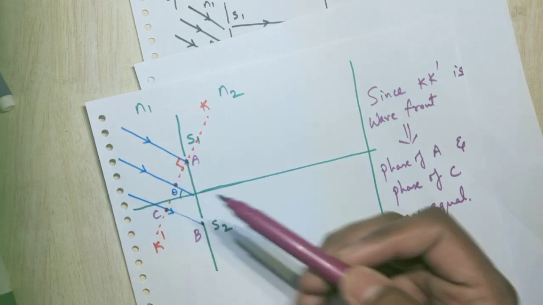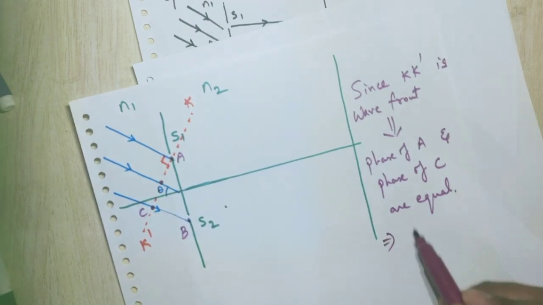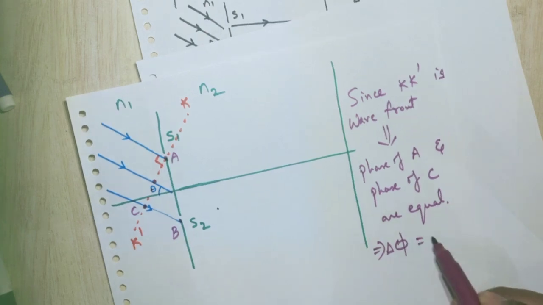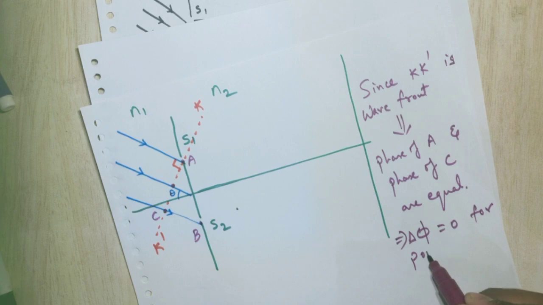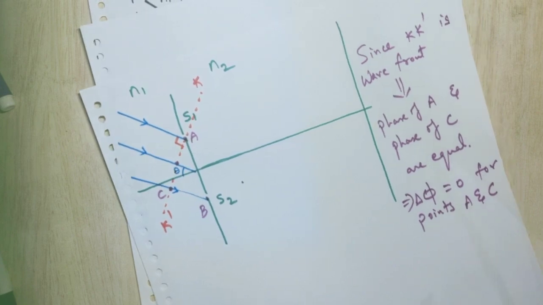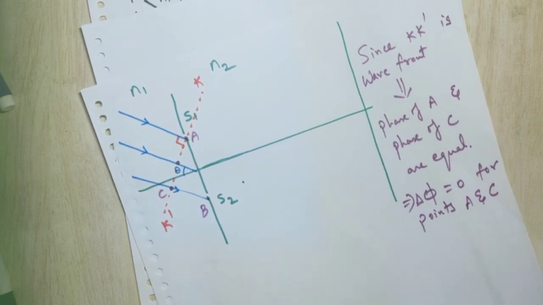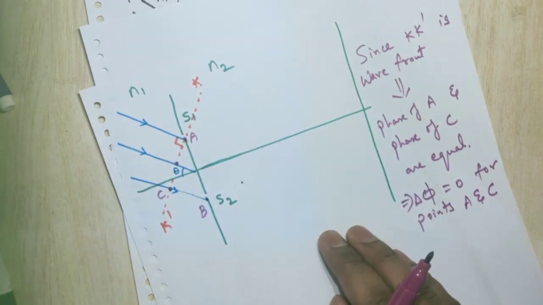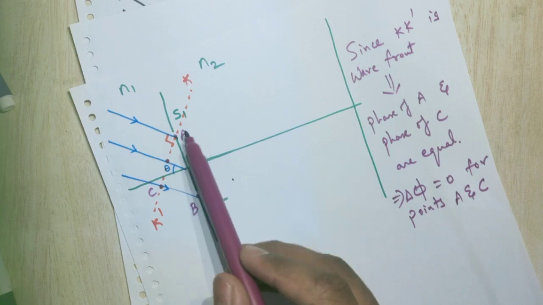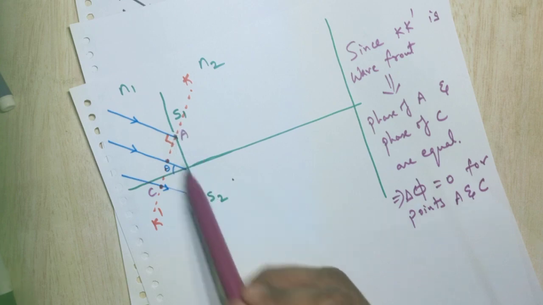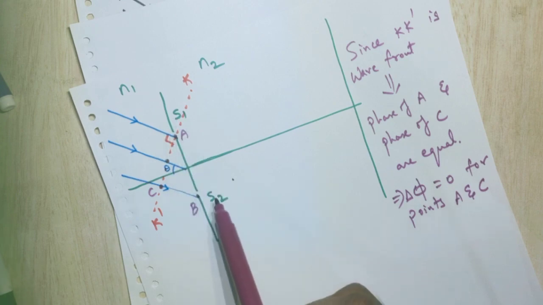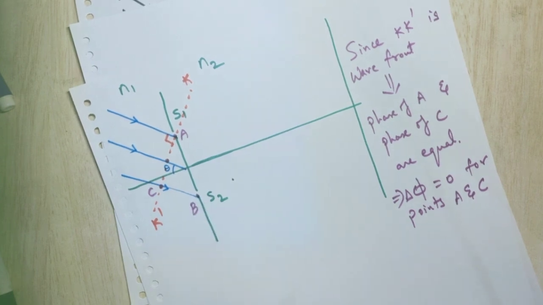Now from this, what can you say? Phase difference, which we generally denote by delta phi, is equal to 0 for points A and C. Now generally in Young's double slit experiment, not this case, this is a special case, the light that is entering from both these slits S1 and S2 will have the same phase.